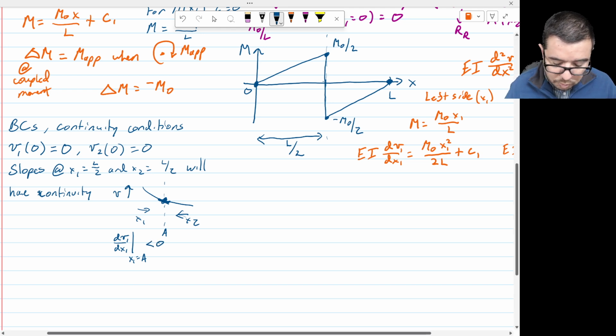And if we're coming from the right side, the derivative with respect to x2 of the displacement is greater than 0.